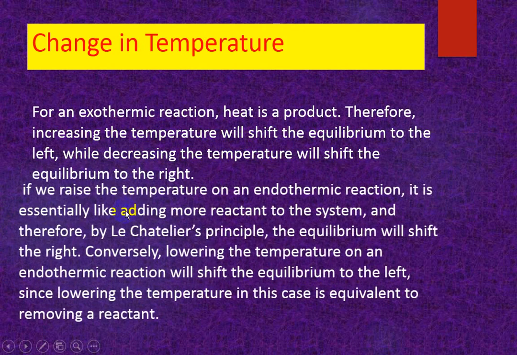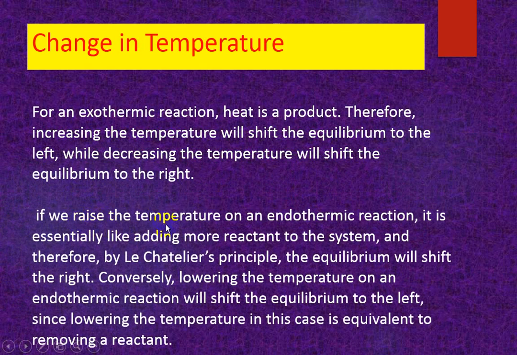For an endothermic reaction, if we raise temperature, it is essentially like adding more reactant to the system, and therefore by Le Chatelier's principle the equilibrium will shift to the right. Conversely, lowering the temperature on an endothermic reaction will shift equilibrium to the left, since lowering the temperature is like removing a reactant.